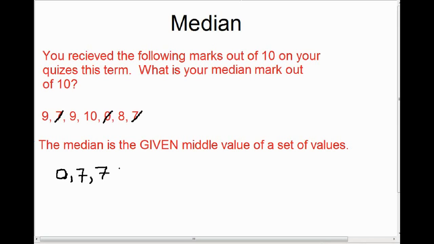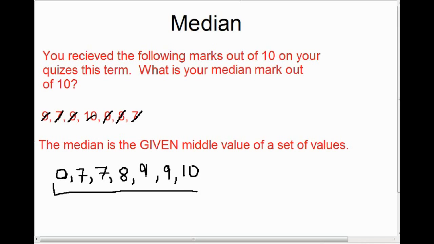Continuing to get bigger here, the next biggest value is our 8. And then we have 1 of our 9s. Another 9, and finally a 10. So now that we have the values in order from smallest to biggest, we can see that altogether there are 7 values.